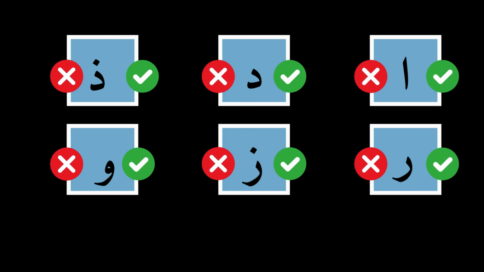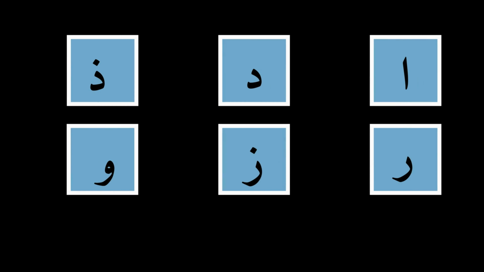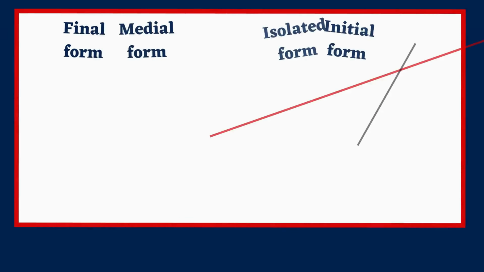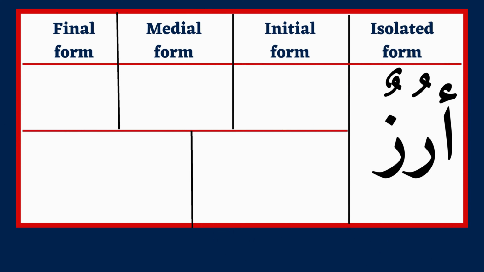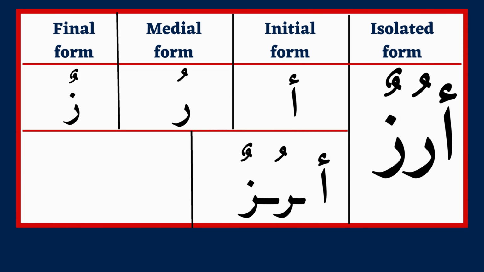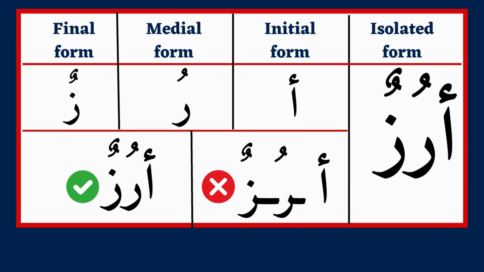Furthermore, when 2 or more of these 6 letters appear consecutively in a word, they maintain their isolated forms. For example, أرز where the letters alif, ra, za should join together initially, but in this case, they must keep their isolated forms.